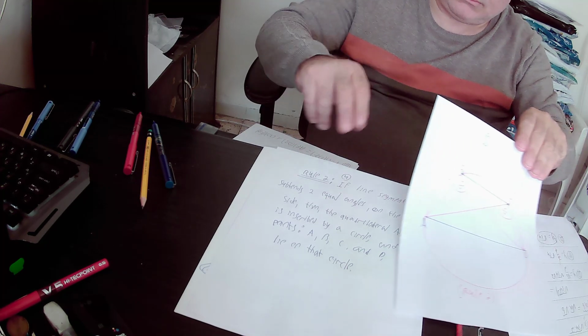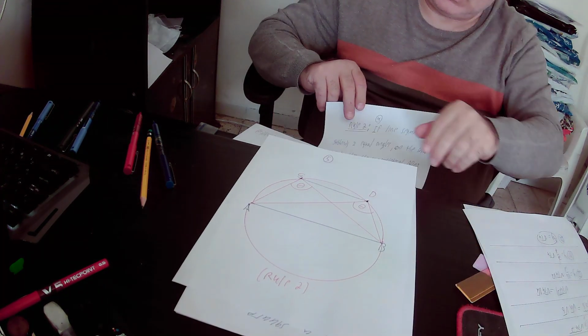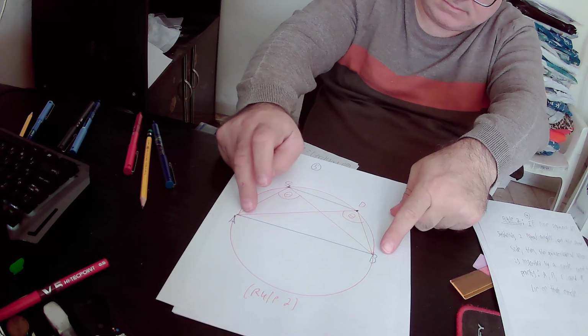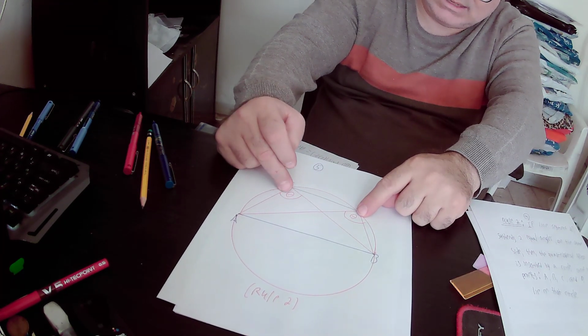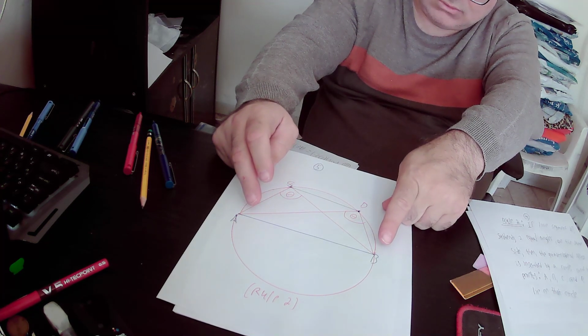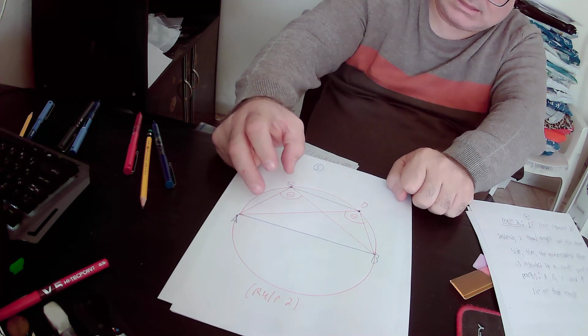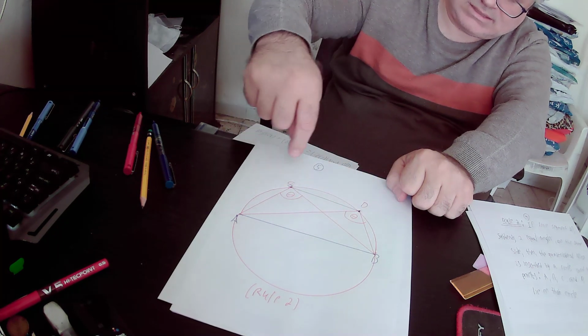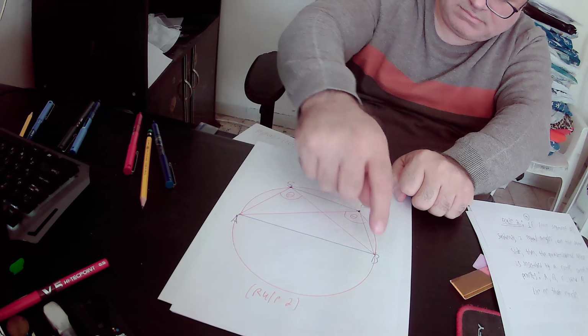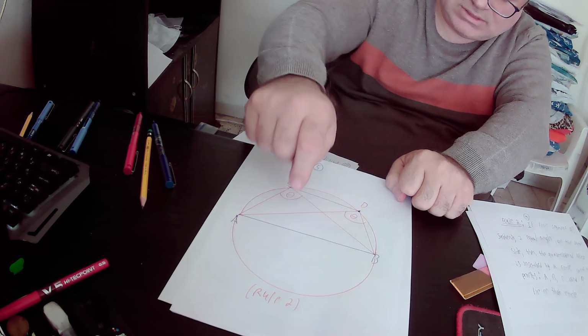So what is the meaning of rule number 2? The meaning is that if we have a line segment AB and two equal angles that rest on that line segment, then the quadrilateral ABCD is inscribed by this red circle, and the 4 points A, B, C, and D lie on that red circle.